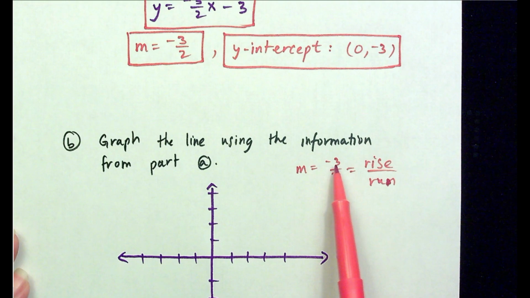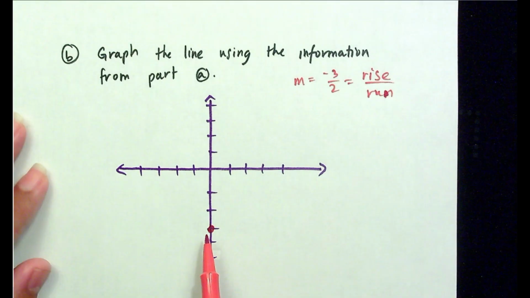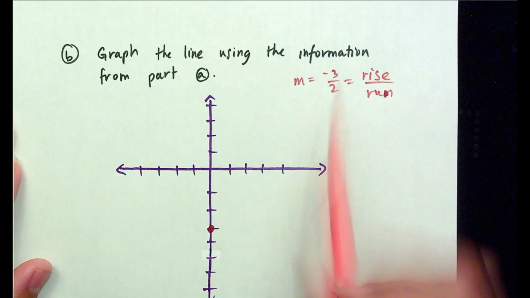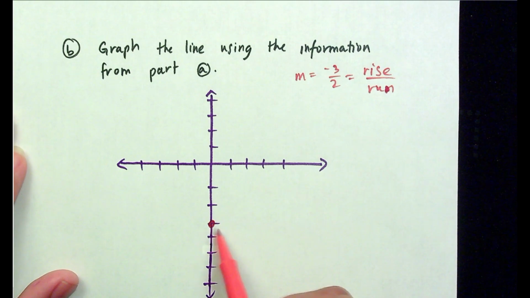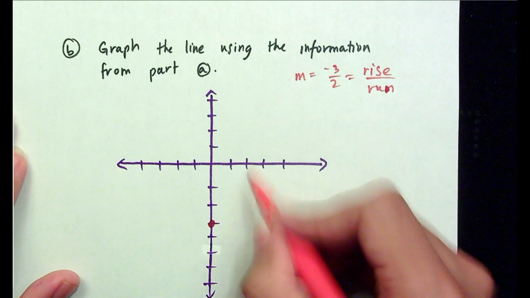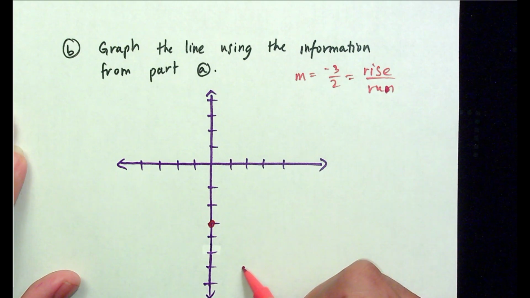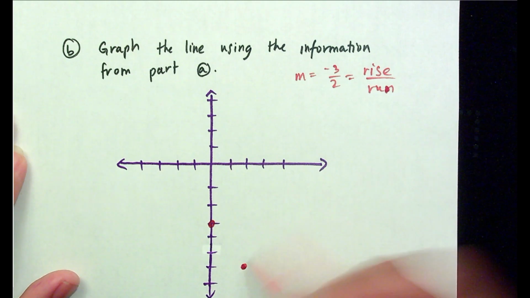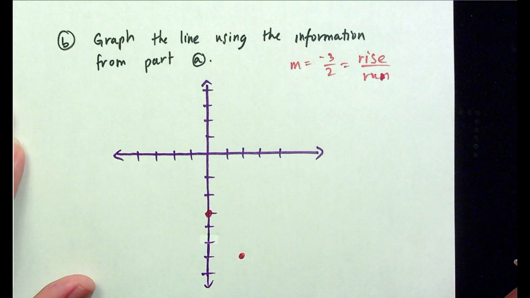Rise, in this case, -3 and run +2. So from this point, right here, we're going to rise -3. So that means actually go down. So 1, 2, 3. And then run 2 over. Because it's positive, that means to the right. So 1, 2. So that would be right here. Okay, so now we connect those 2 points and we have our line.